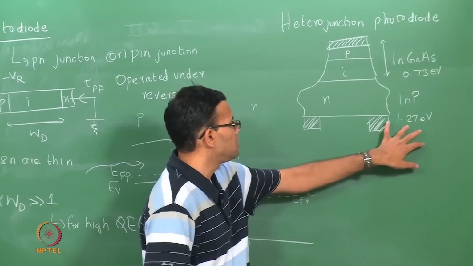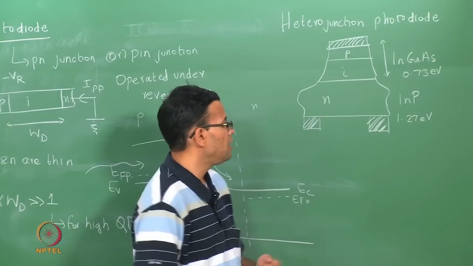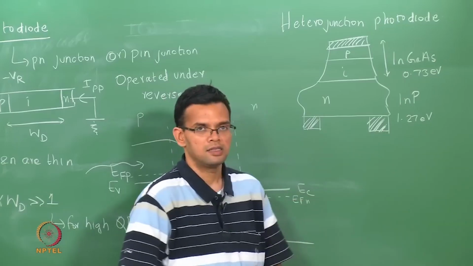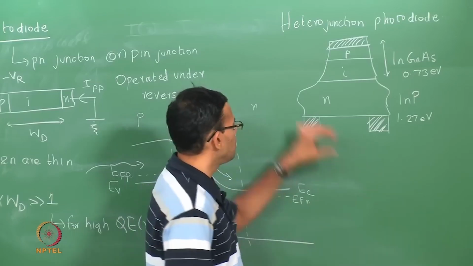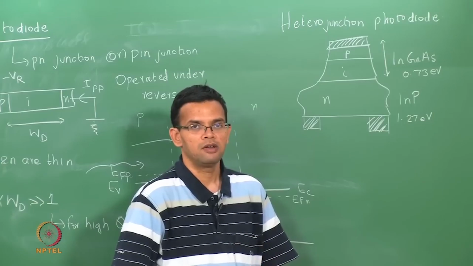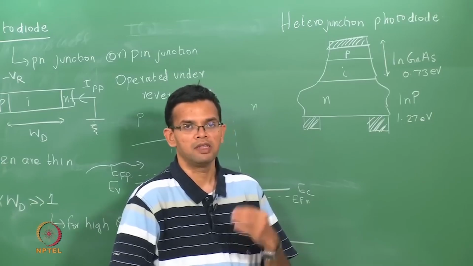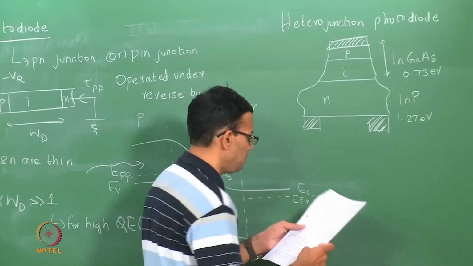But here, since indium phosphide has a higher band gap, wavelengths whose energy is less than this will have very little absorption in the indium phosphide, so that the thickness of the N layer does not have to depend upon the wavelength of the light. You can have a thicker N layer than what you normally have in a regular PIN device.